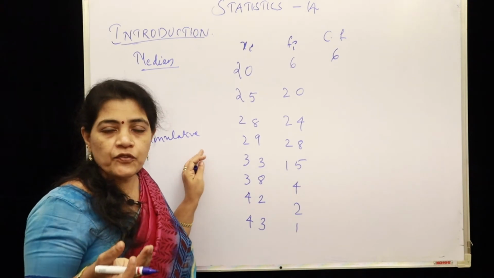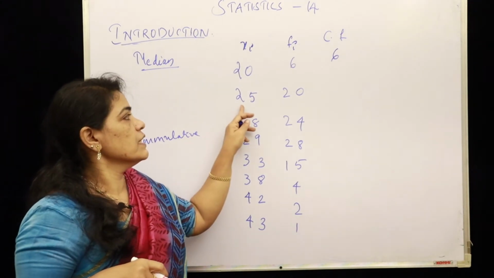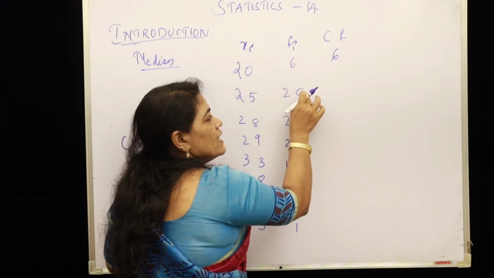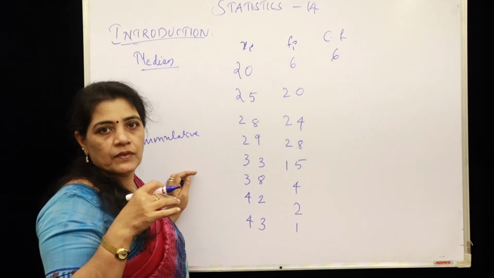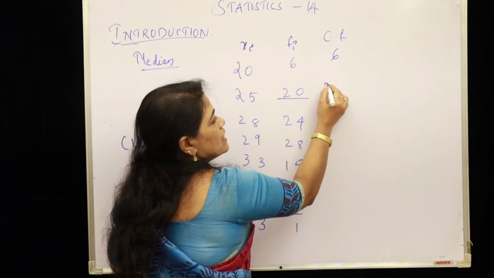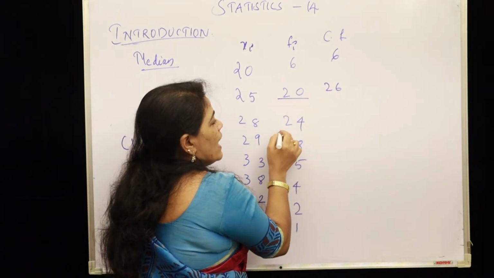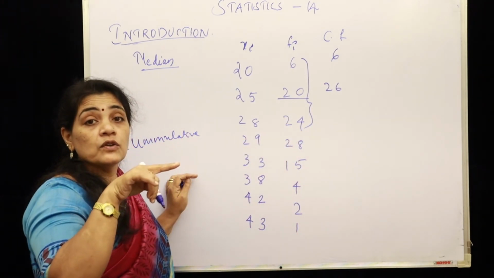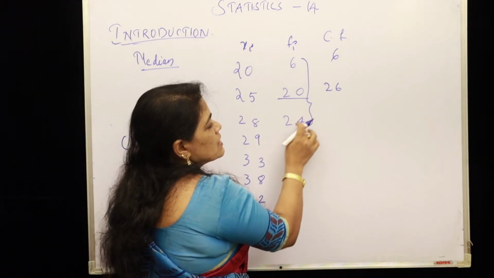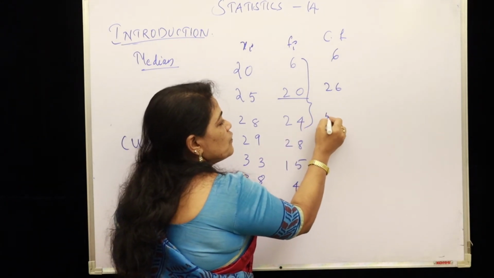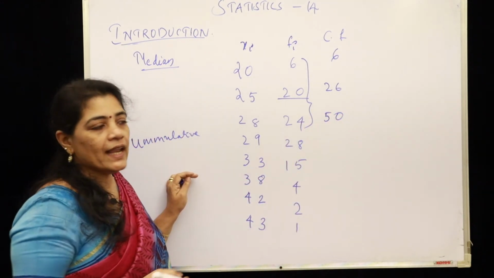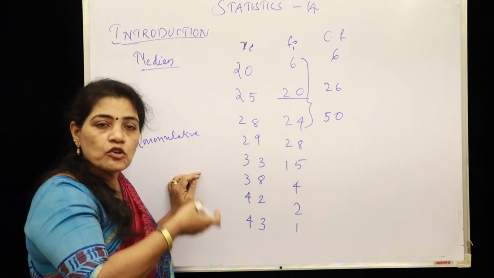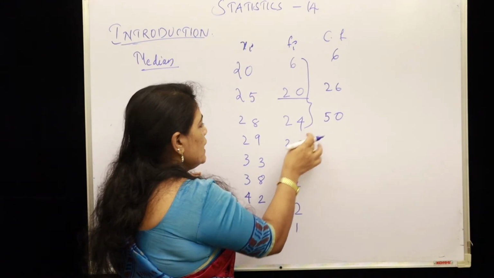The cumulative frequency of the second observation, 25, is the sum of the frequencies of the first and second, that is 26. Adding the first 3 gives the third cumulative frequency, 26 plus 24, that is 50.